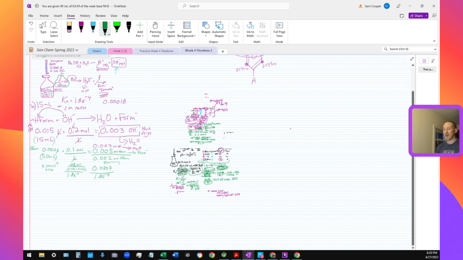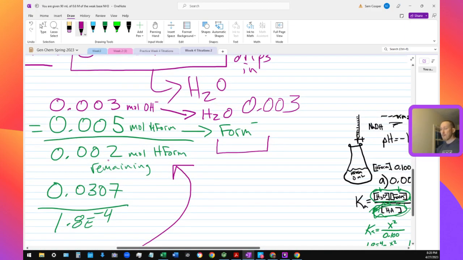This is a classic case where we have, of course, our H form. We have 0.002 moles remaining of H form. And we have formate. All of the hydroxide consumed some of the H form to create that exactly equivalent amount of formate.